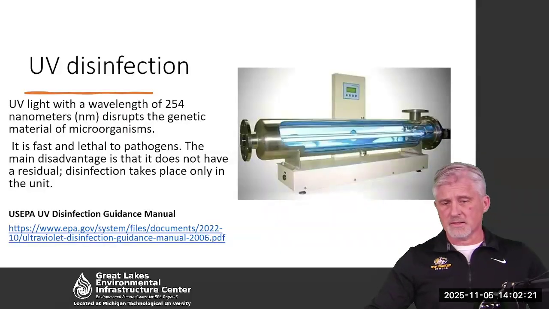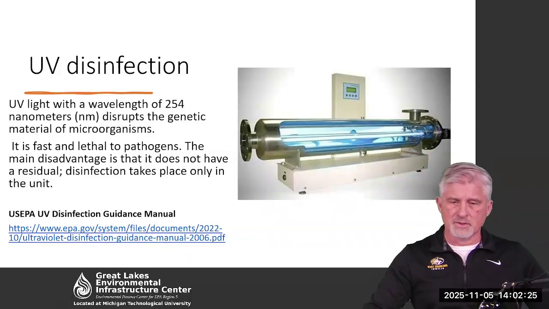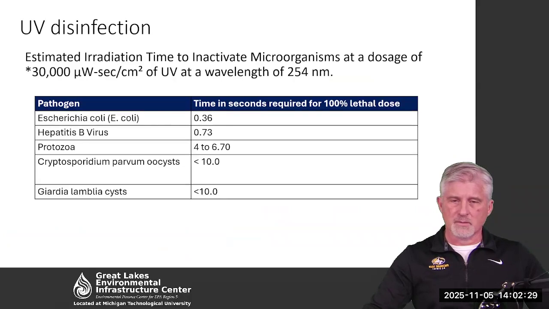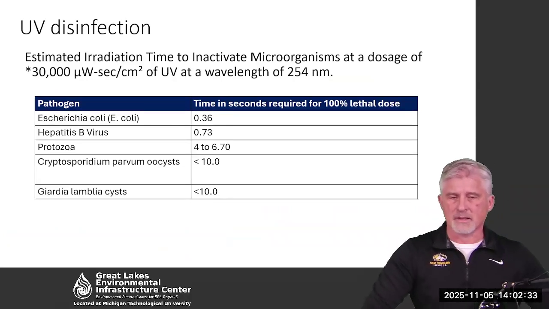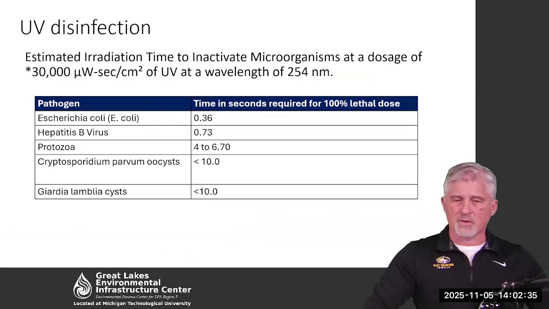If you're interested in UV disinfection, there's a guidance manual here. I encourage you to go to that link and check out what EPA has to say about it. So these are some estimated times just to give an idea of how long it takes for the inactivation of microorganisms through UV.